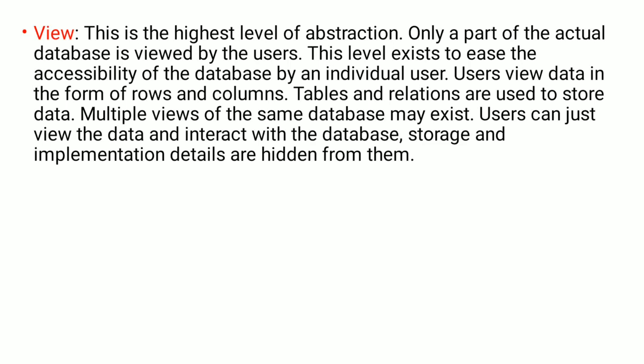If you want to access the contact number of a student or the PRN number of an ACIT student, in that case the view level can provide access to that particular column, that is, the PRN number of the student.